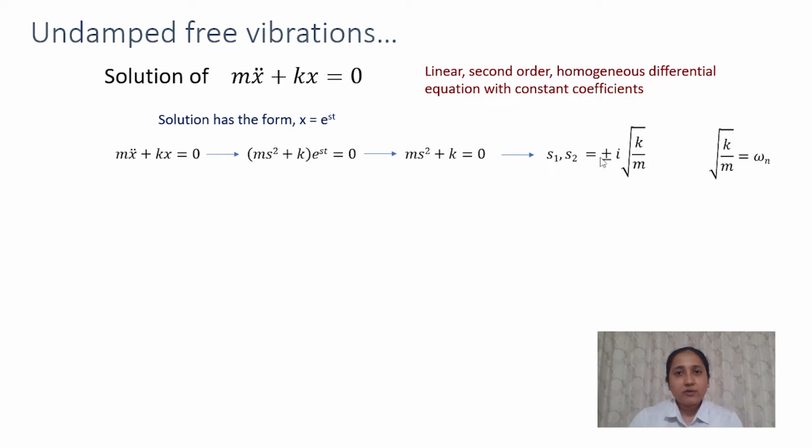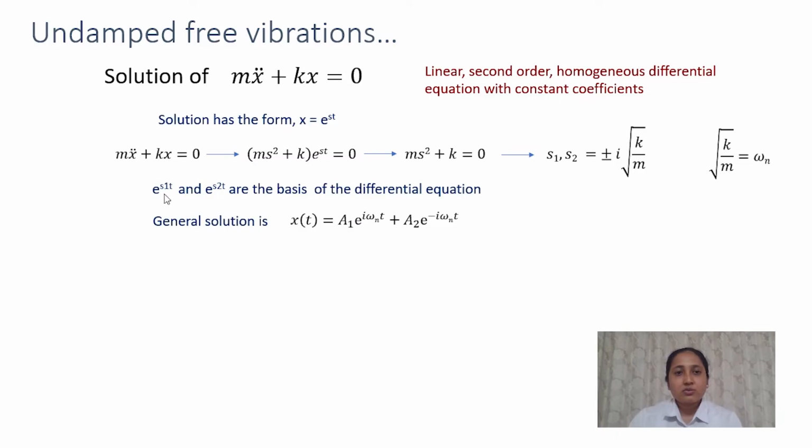So we have two values, s1 and s2. That means e to the power s1t and e to the power s2t. Both of them are solutions of this equation, so they are the basis of this differential equation. We can formulate the general solution by taking a linear combination of these two functions.